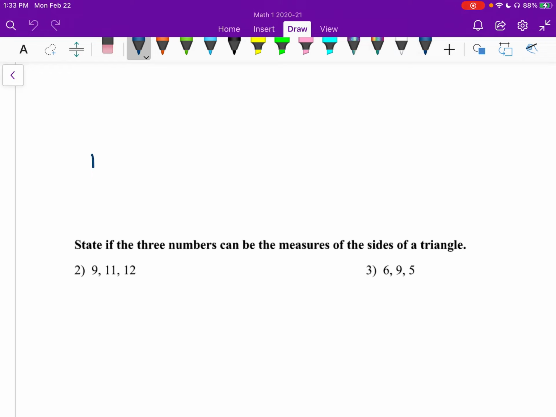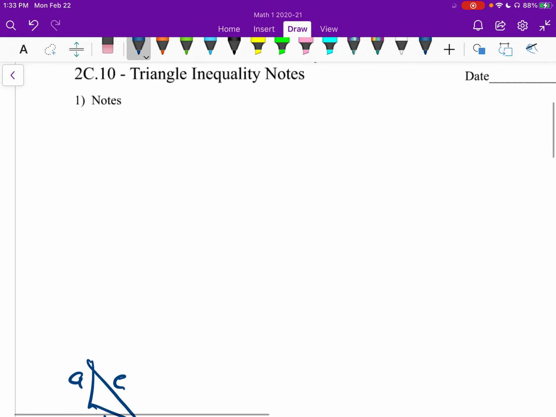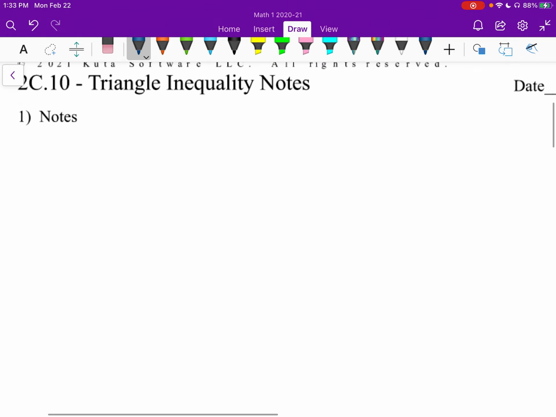So we think about the sides of a triangle. Say we've got A, B, and C. What can we say about A, B, and C? Let's look at what the triangle inequality says. This is the mathy way of saying it, and then I'll break it down.